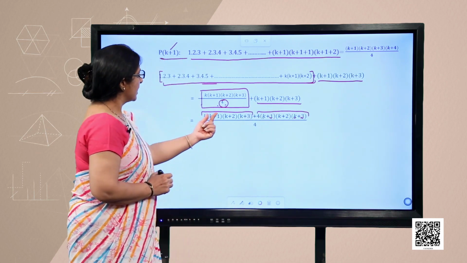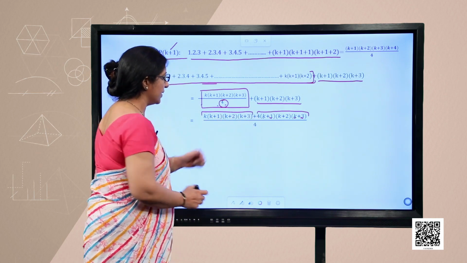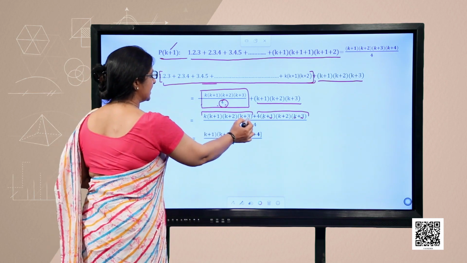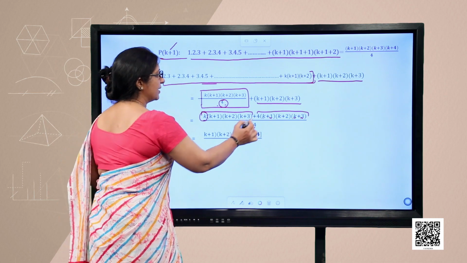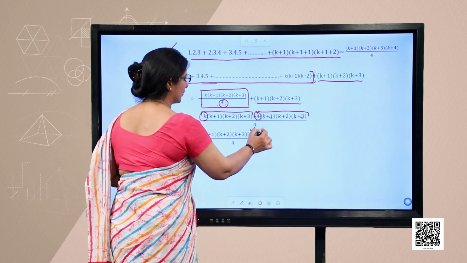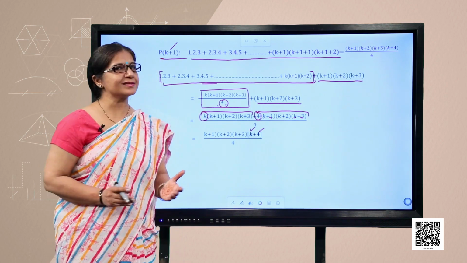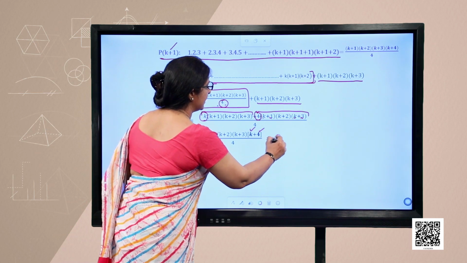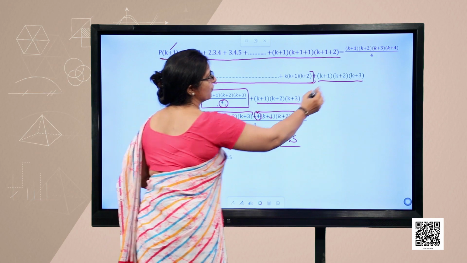Yes, the terms k plus 1, k plus 2, k plus 3 are common, which can be taken outside. After taking these three terms common, what is left here? Here k is left and here 4 is left, which will give us k plus 4, and this is the required expression, which is the right hand side, which is to be proved.